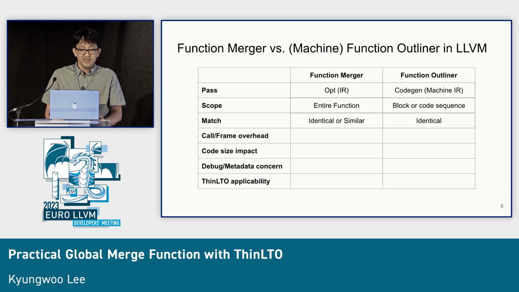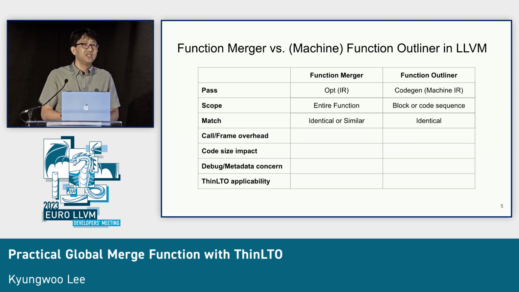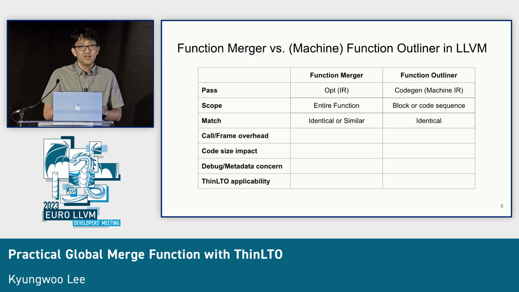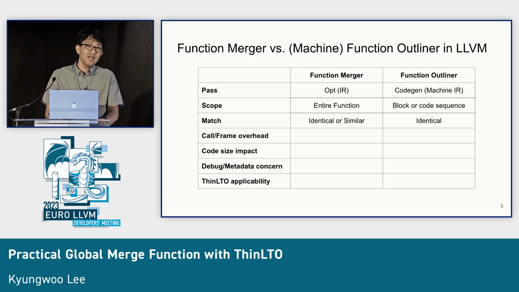So why is that? This is due to the fact that at the IR level, it is much easier to match similar code using SSA, and also much more flexible to manipulate IR to provide a different context. On the other hand, at the machine IR level, in particular right after register allocation, it is difficult to use extra registers to provide a different context through parameters.